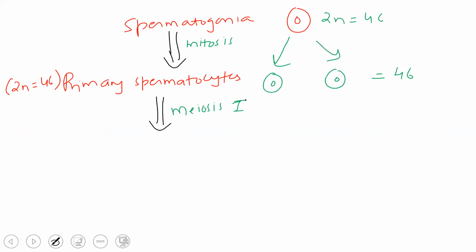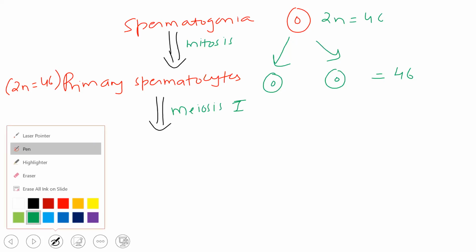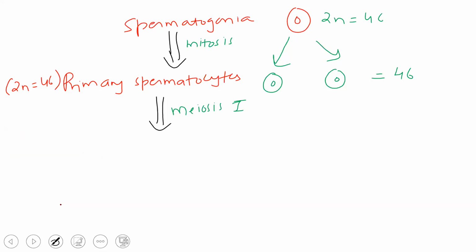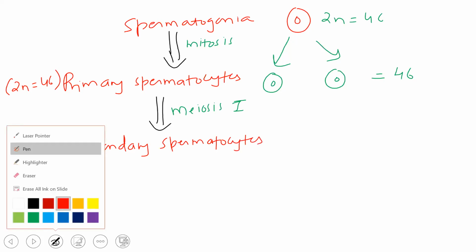It will form secondary spermatocytes. Two cells will be formed from each.